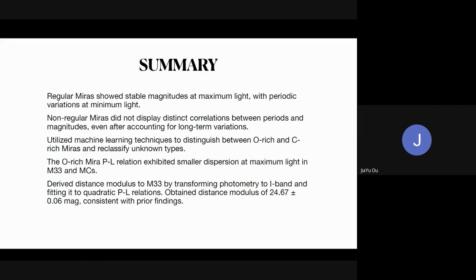And we also can use the maximum light to get the distance measurement. That is a new technique and new result in the past. So in this talk we can see we can use the machine learning technique to divide the different types of Mira, and it is useful.